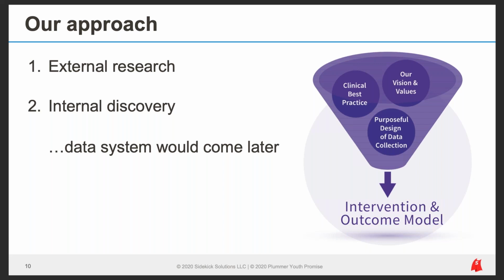So we looked at 3 years worth of discharge data, and this was all on paper. And we parsed through both those external studies of what child welfare was teaching us, and then the internal data, and got a much more complete view of our work and where we sat along the continuum of services in child welfare. And this did take some time, and of course it took some dedicated resources.